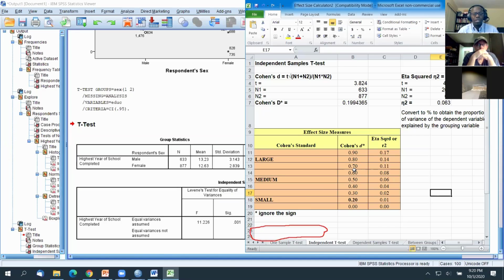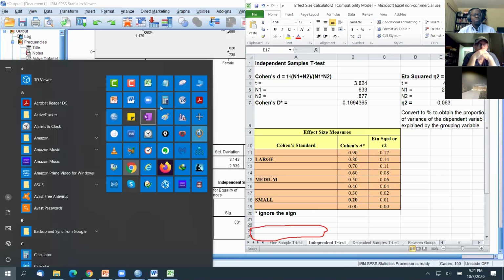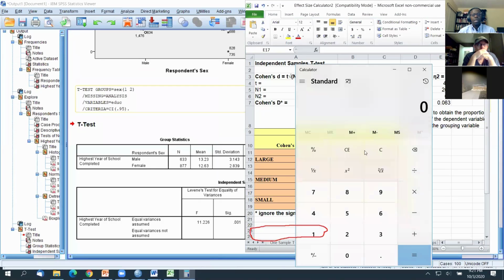So the magnitude of the difference is simply the highest number minus the small number. So this one, if we subtract those, we get 13.23 minus 12.63. That's only 0.6. So that's small.